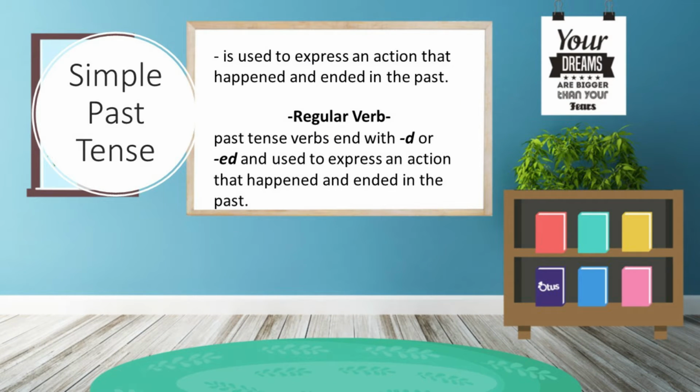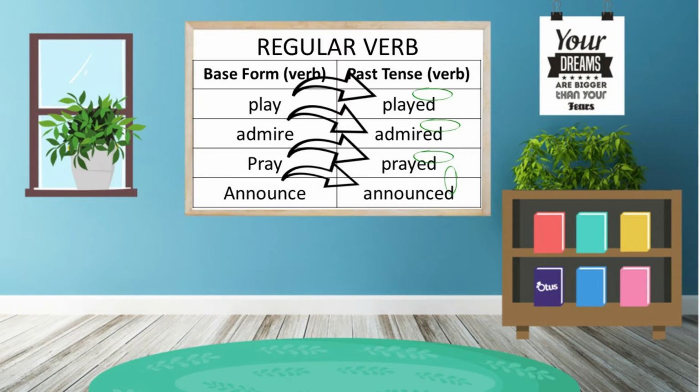Simple past tense is used to express an action that happened and ended in the past. And for regular verbs, past tense verbs end with d or ed and are used to express an action that happened and ended in the past. Let's take a look at examples under regular verb. The first column is the base form of the verb, while the second column is the past tense of the verb.